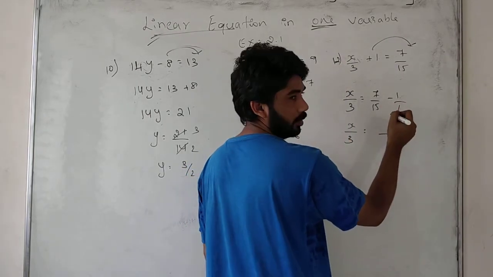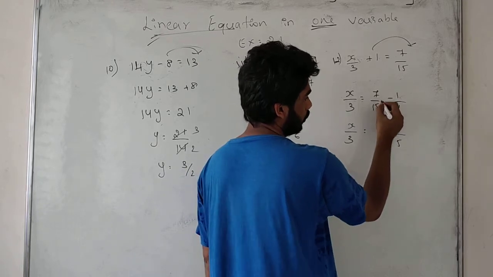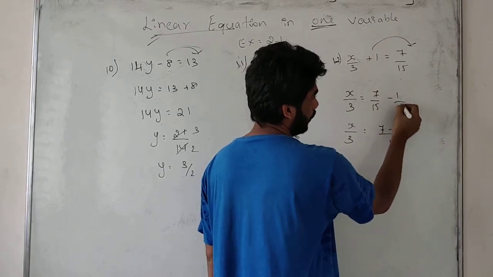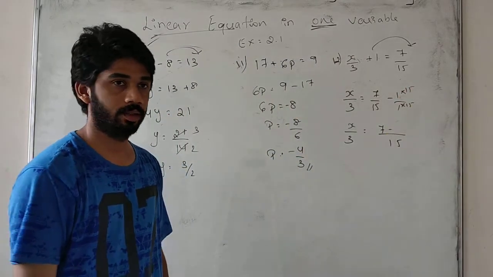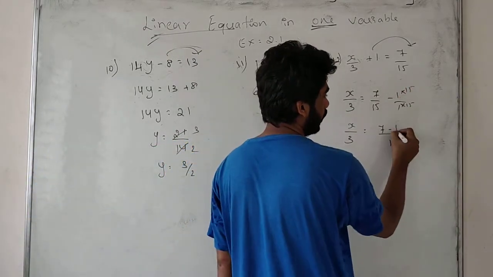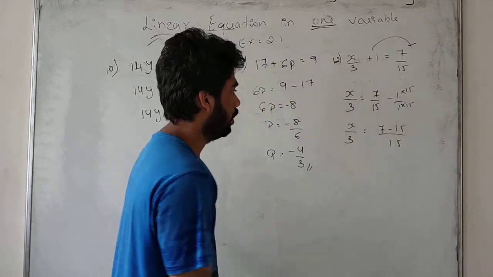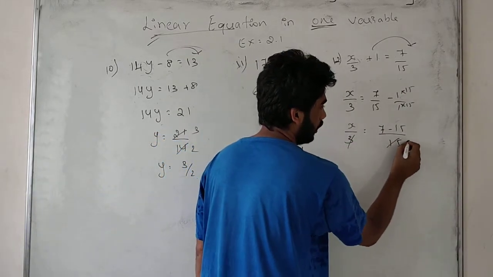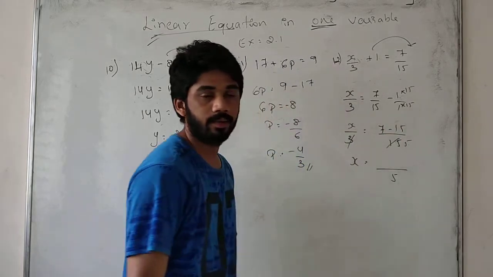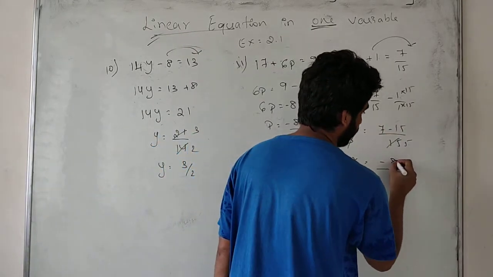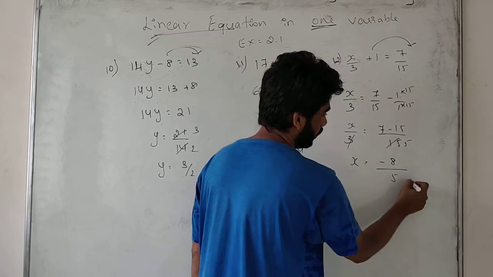Here there will be 1 if nothing is there. So LCM: 7 as it is minus 15, which means this 1 is 15. Now 1 is to 15 means here will come 15. So 3 fives are 15, so x is equal to 5. 7 minus 15 means minus 8. So this is the required answer.